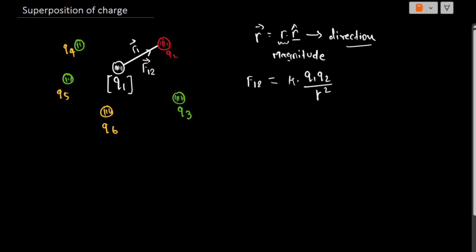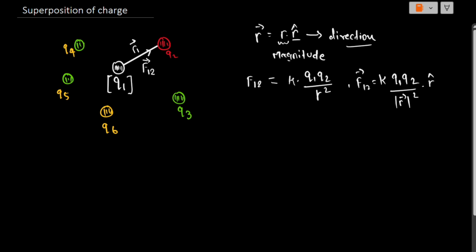Now in this situation, we not only write the scalar form of the Coulombian force, we can also write its vector form as well. So F12 vector is equal to K Q1 Q2 over R square, which is the magnitude, multiplied by R cap. What R cap tells is the direction of force, right? So this is the force between these two charges.